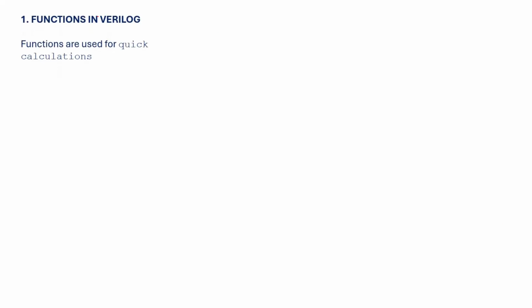So what is the use of functions? Functions are used for calculating purposes and they give a single value. Suppose I am writing a function: function, then the function name, which can be anything.